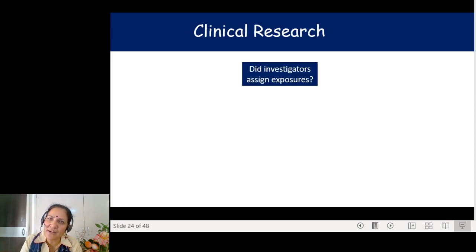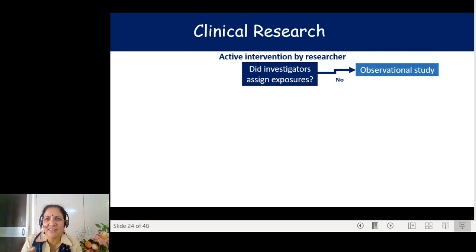So according to that, how do we classify clinical research? First of all, it is important to understand, did investigators assign exposures? That means whether there was any active intervention by the researchers. If the answer to that is no, it means that it is an observational study.